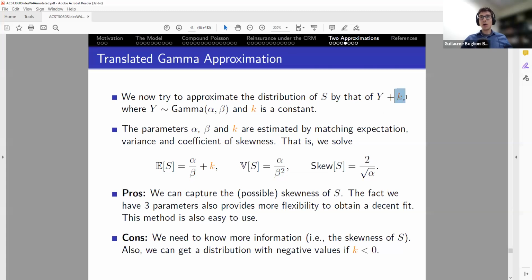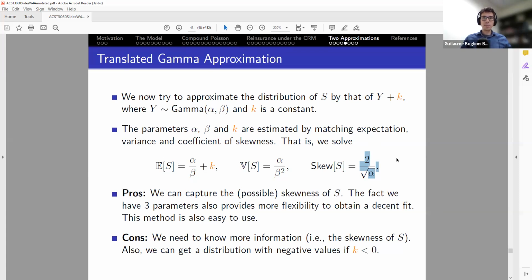And same thing, adding a constant to a random variable doesn't change the skewness of that random variable. So the skewness of the translated gamma is exactly the skewness of a gamma, and the skewness of a gamma is this. If you don't believe this value, look in your formula sheet and you will see it. Okay, so simple method. Now we have 3 equations and 3 unknowns.